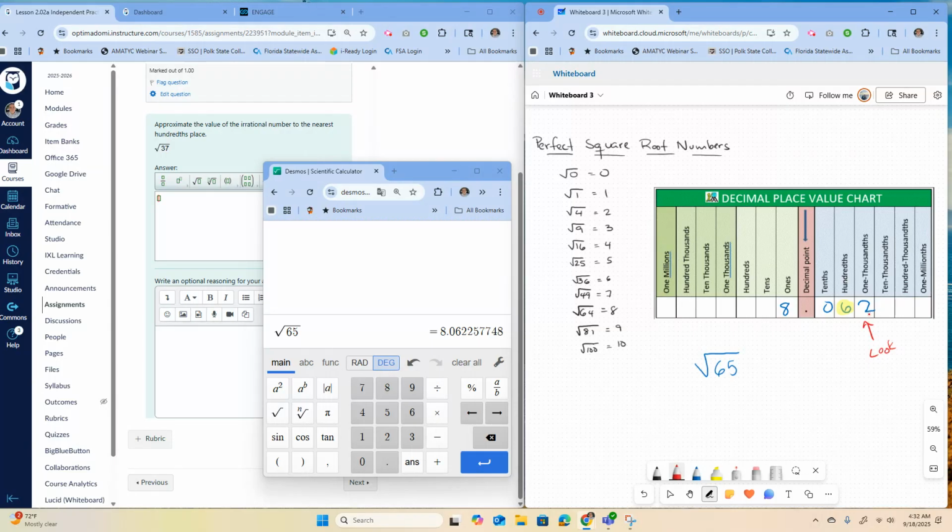Because the 2 is not bigger than 5, this 6 is going to remain the same. So I'm going to put the little wave equal sign. That means approximate. And my final answer is going to be 8.06. I did the rounding of this irrational number. I approximated the answer to the nearest hundredth.